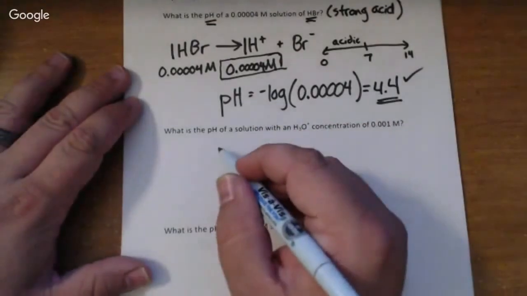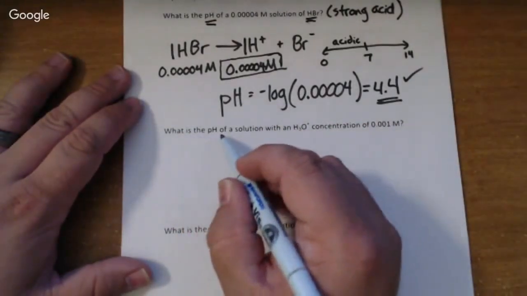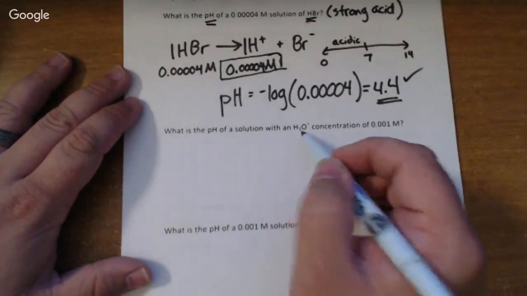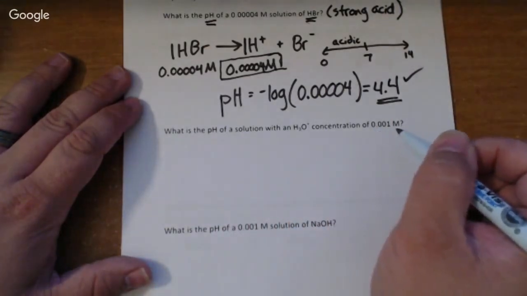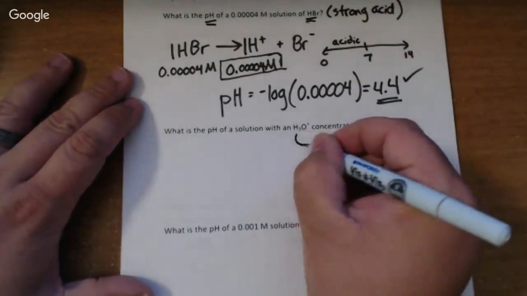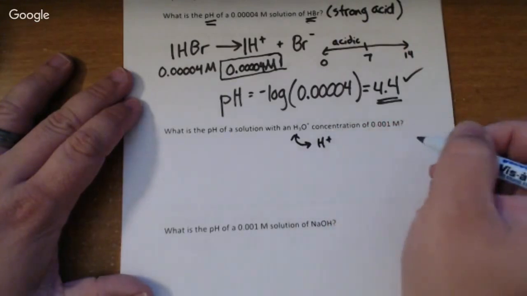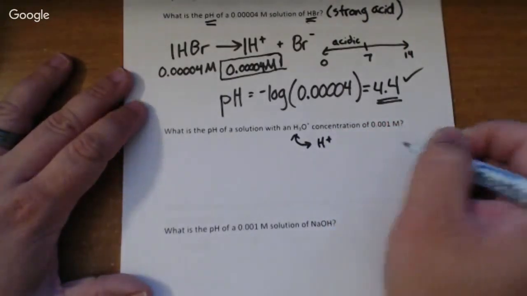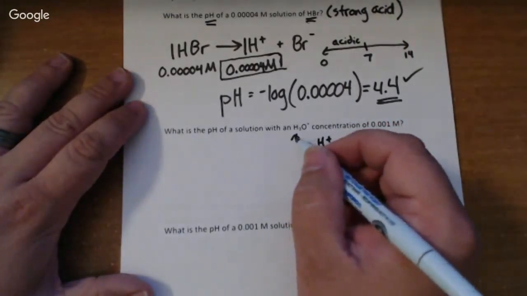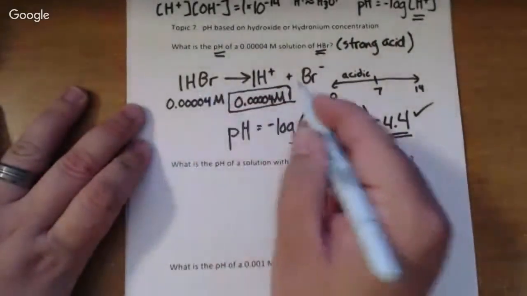Second problem is also asking for pH, but it's asking for the pH of a solution with an H3O plus concentration of 0.001. Now, remember we said that H3O plus, pretty much treat like H plus. So if I have a solution where I already know the H plus concentration, that's why we went through this step up here.